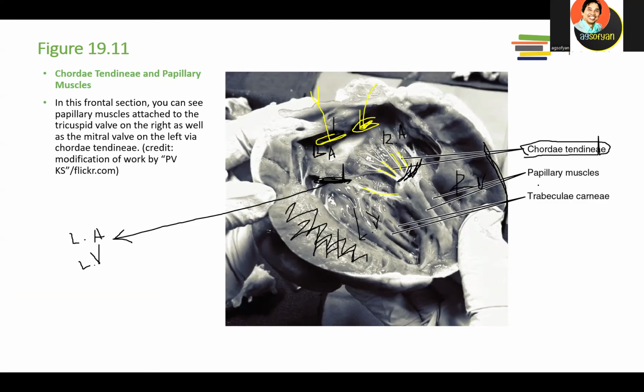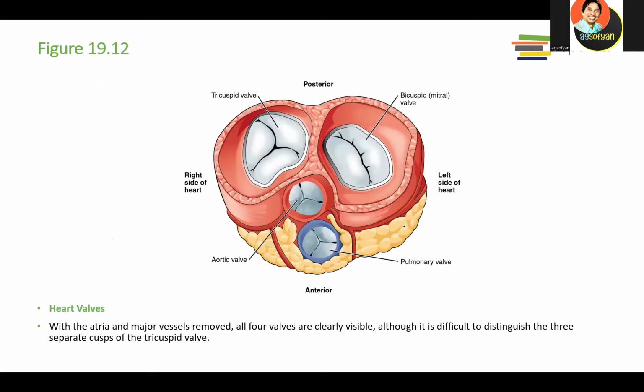And there are also special muscles located following these chordae tendineae. So this is the structure present in the heart chamber. Again, you will see this structure tomorrow during the lab activity.